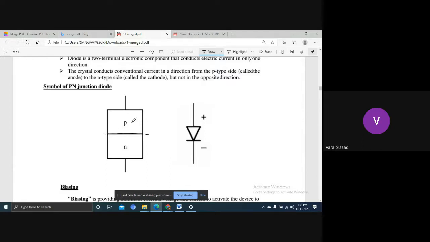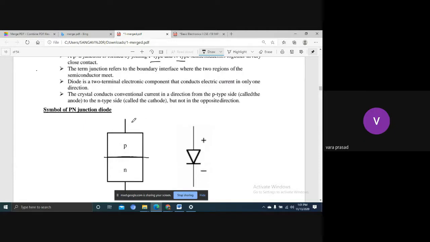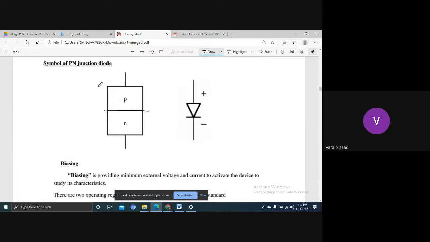A diode is a two-terminal electronic component that conducts electrical current in only one direction. The current can flow only one way. The name is diode, right?